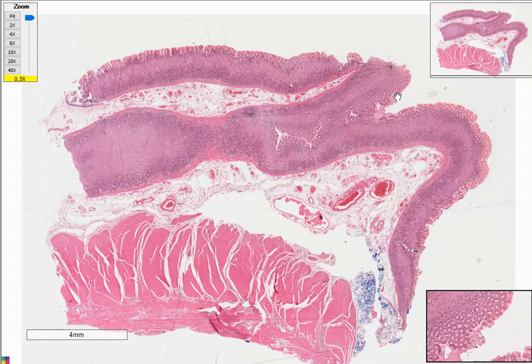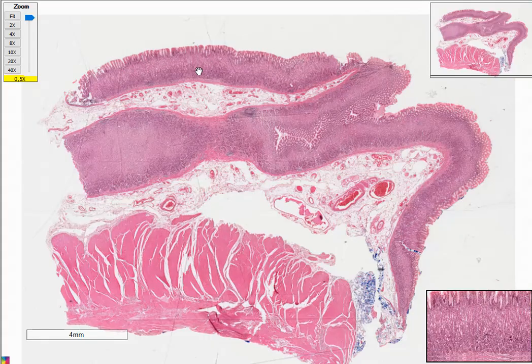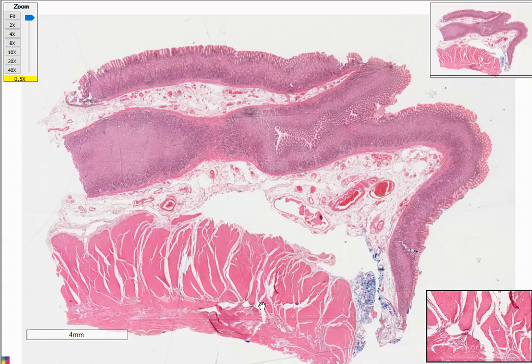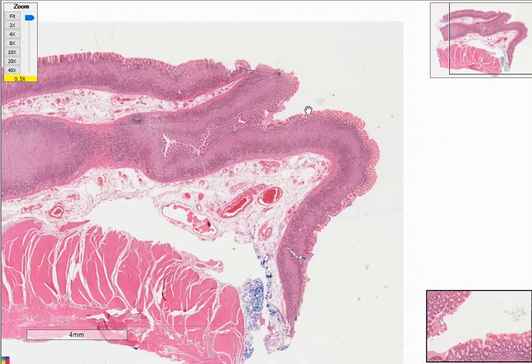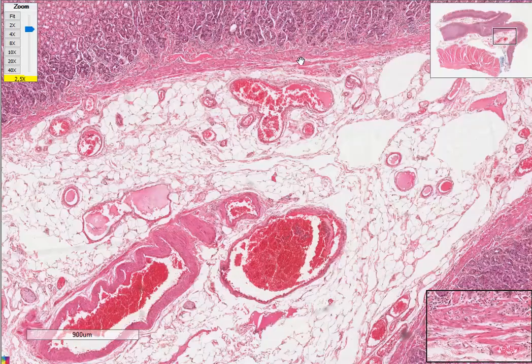Anyway, just a recap. So stomach, this is the mucosa, this region here. Submucosa, muscularis externa. Okay, in the mucosa we have mucous cells, which are more on the surface, and then parietal cells.